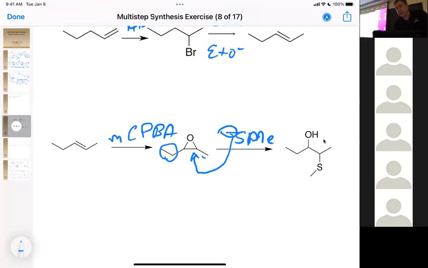This group is slightly bigger than this group, so it'll probably go to the less hindered side and open it up. We're going to do it in probably a solvent like THF, a polar aprotic solvent. We don't want that epoxide to get protonated.